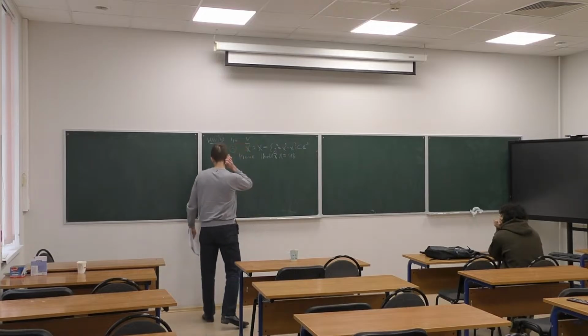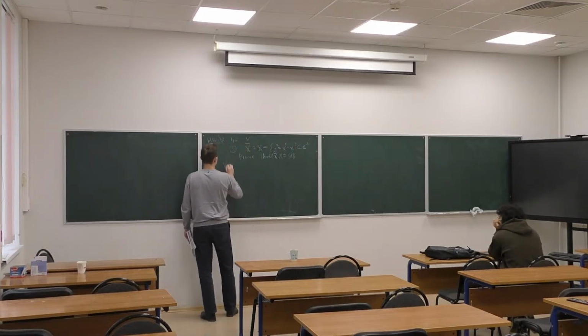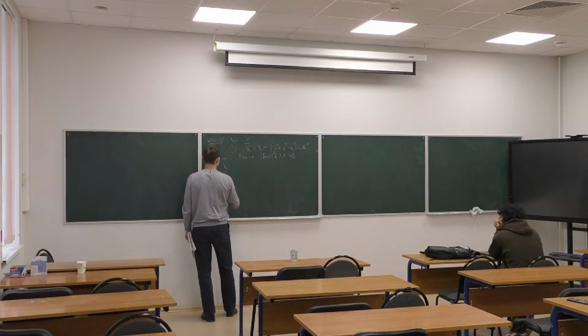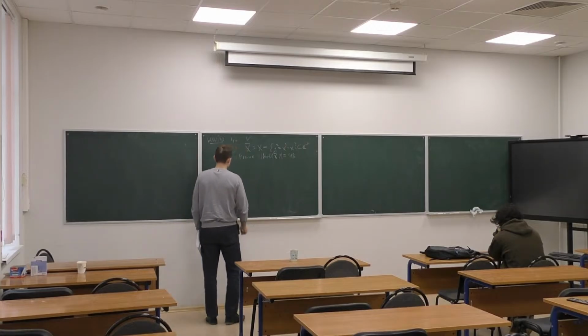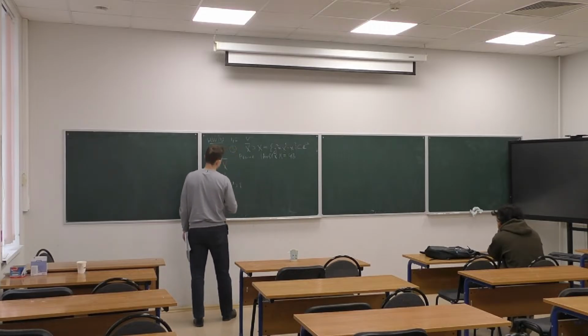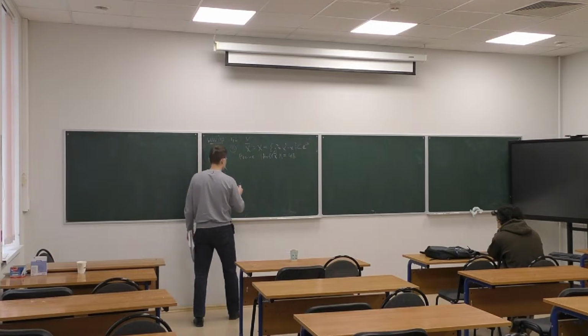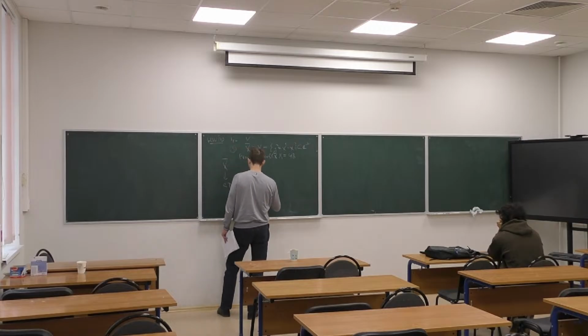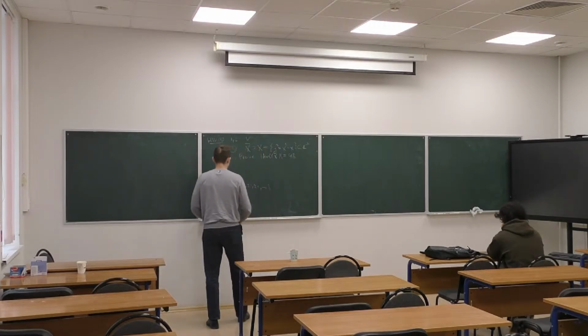Okay, so how to do it? So we have the projection from X bar to CP1. And here we have points, the images of the Weierstrass points. So these points 0, plus minus 1, plus minus i, infinity.